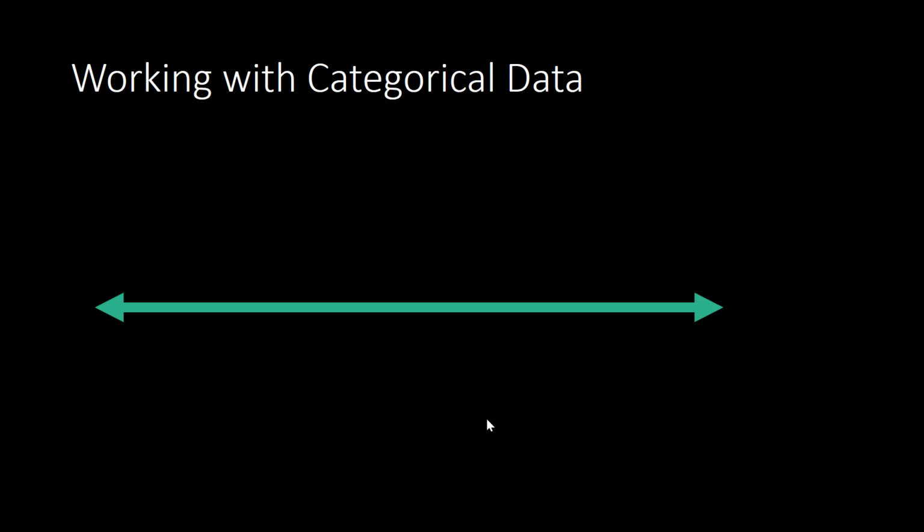Let's start with an example of working with categorical data. If we're working with categorical data, we will be given a point estimate p hat, which is our sample proportion. If you have a data set, then you will have to use software or technology to calculate the point estimate. Otherwise, you will probably just be given the point estimate in the problem statement.